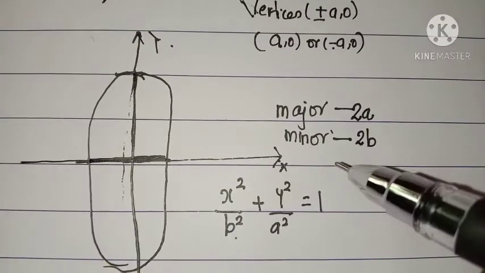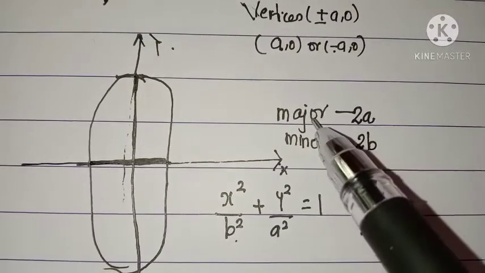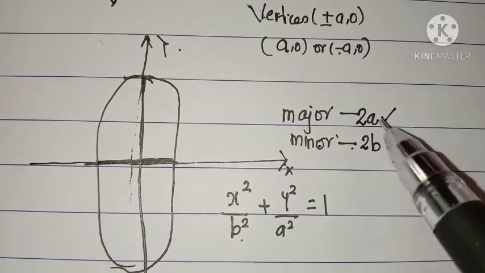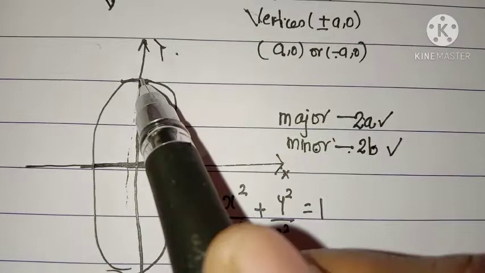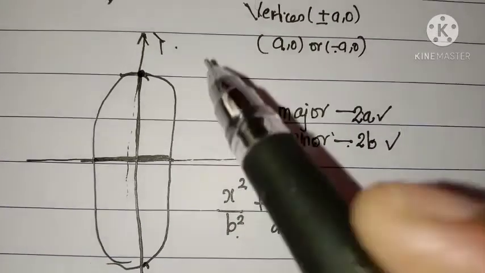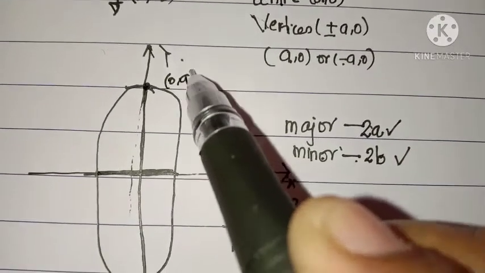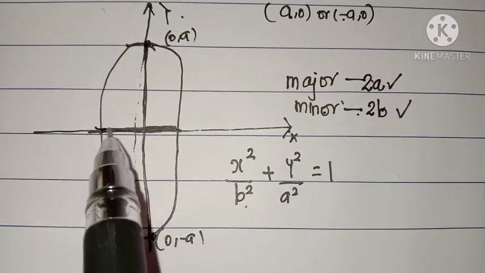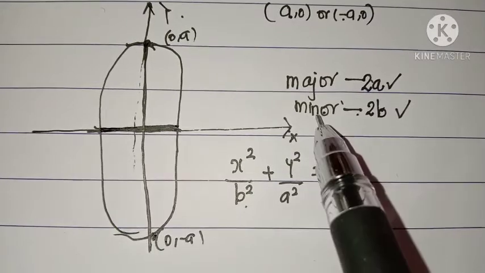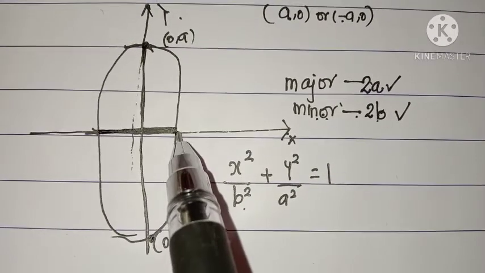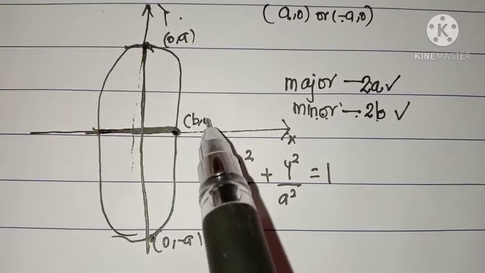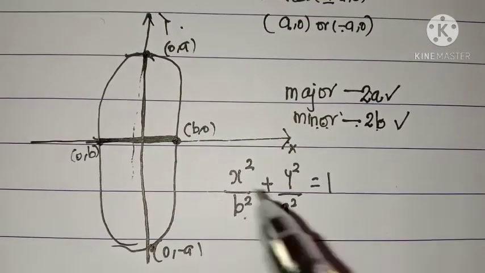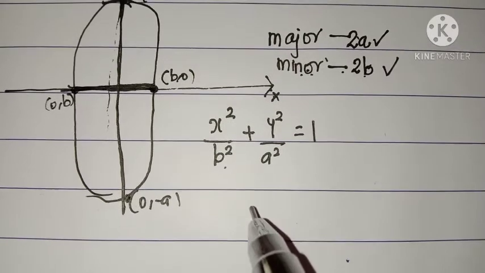Now in this case, the length of the major axis is 2a, and the length of the minor axis is 2b. There is no change, and therefore these 2 points become 0, a and 0, minus a. This is the minor axis. The minor axis length is 2b and therefore these 2 points are b, 0 and 0, b. So there are two forms of orientation.